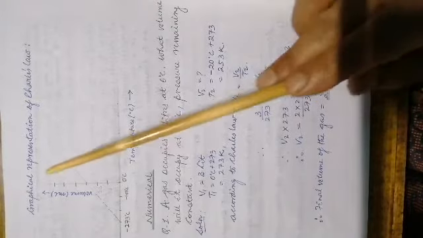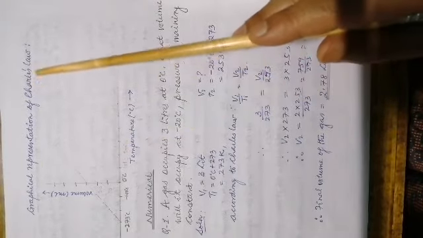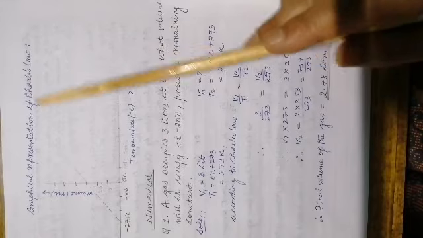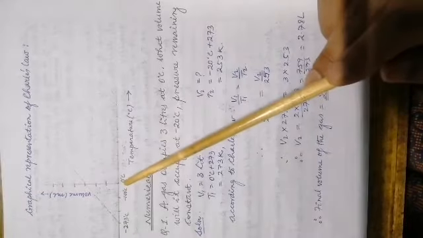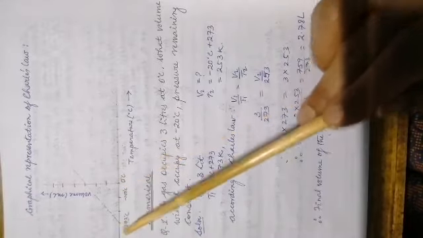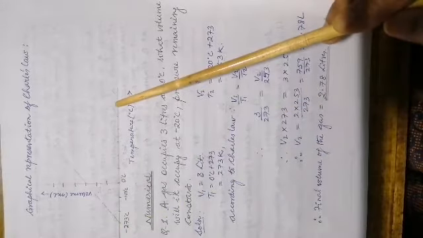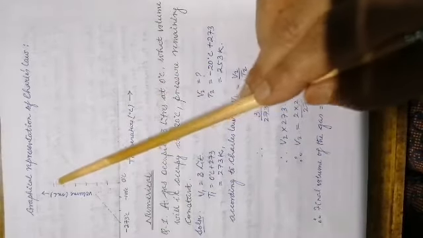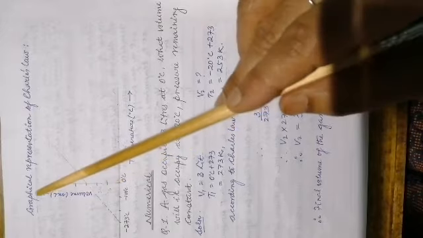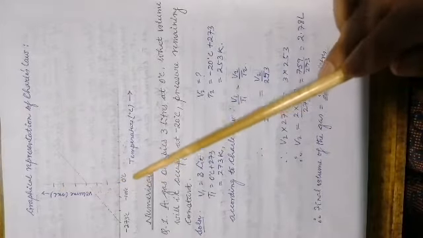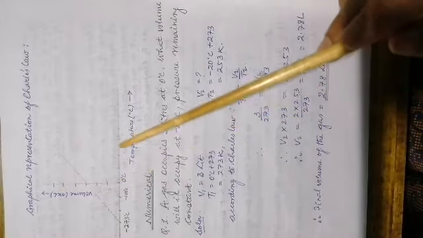Now let us take a look at the graphical representation of Charles' law. This is the vertical axis and this is the horizontal axis. Volume is measured here in ml and the temperature in Celsius.